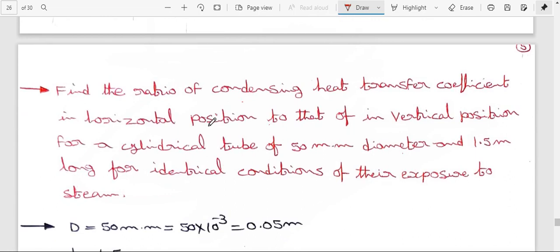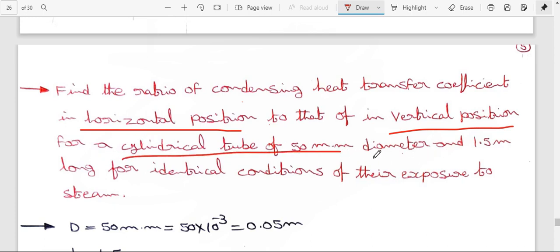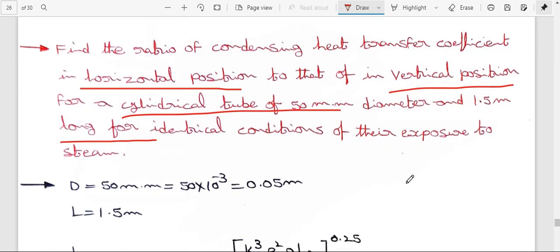Coming to the next one: find the ratio of the condensing heat transfer coefficient in horizontal position to that in vertical position for a cylinder tube of 50 mm diameter and 1.5 meters long.